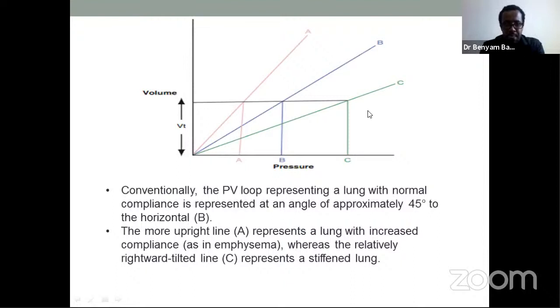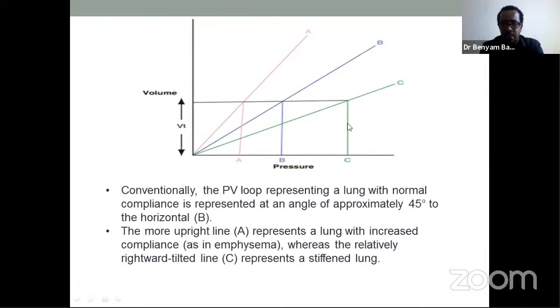If you see the green line, it takes more pressure to achieve the same tidal volume, or the tidal volume that we achieved is after generating higher pressure compared to B, when you look at C. So this line implies the compliance is poor.